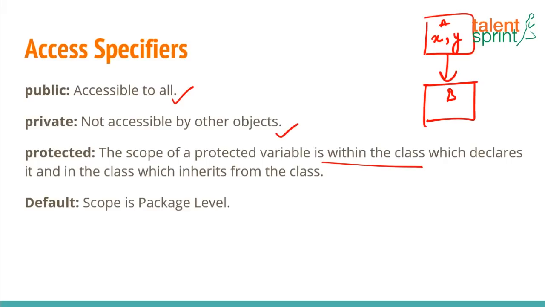Now public is accessible to all, private is not accessible by other objects, protected is accessible within the class and the class that inherits. So like in the diagram here, if you have a class A which has two protected members, X and Y, and the class B inherits this class A, it will also inherit along with everything else the protected members. And default, the scope is package level.